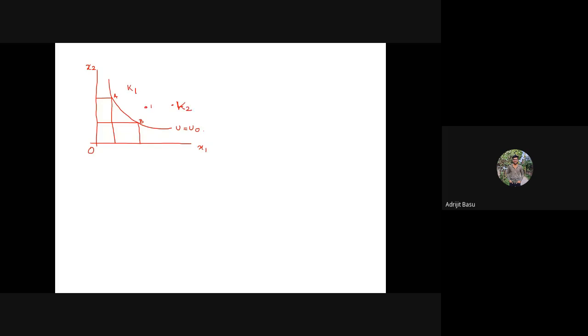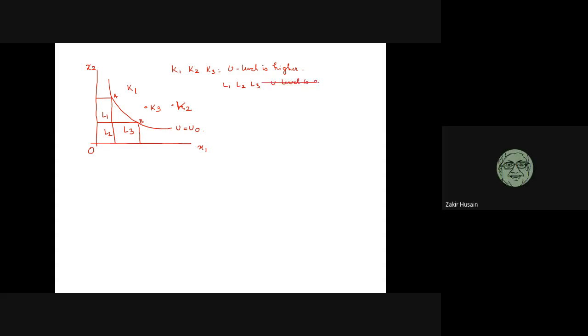Okay. So if we take points like K1, K2, K3, the utility level is higher. But if we take points over here, sir, the utility will be lower.